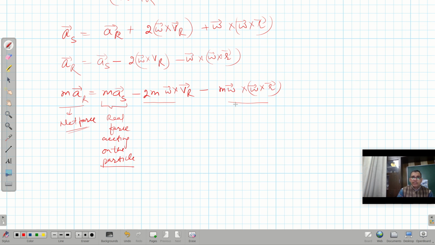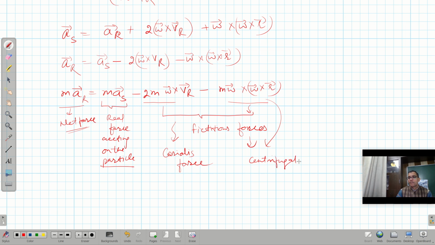These two forces are the fictitious forces, and this one is known as the centrifugal force, and it is acting radially outward.